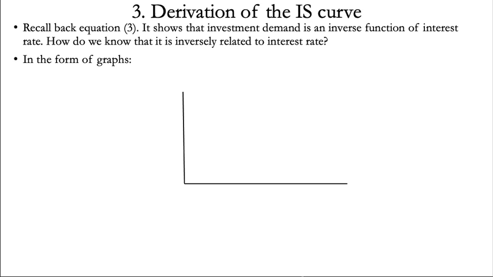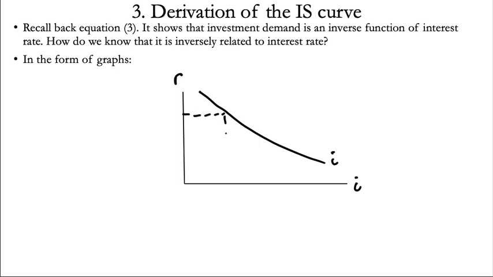However, before we derive IS curve or schedule, let's recall back our investment demand. Investment demand is drawn with R against investment demand quantity here, and then it is downsloping.